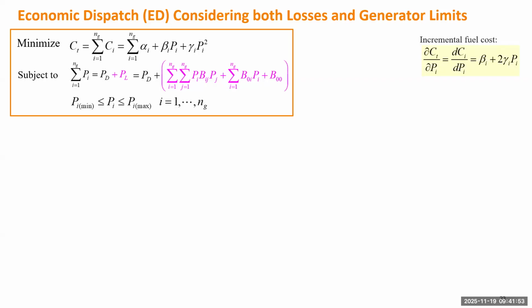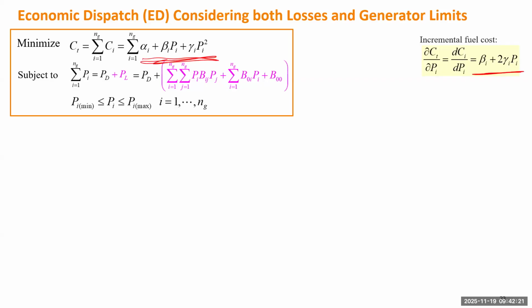Let's quickly go over what we concluded so far. For the cost of each generator, if we calculate the derivative with respect to the output of that unit, that gives us the incremental cost, right? This is because the cost we have considered is a nonlinear function in quadratic form.